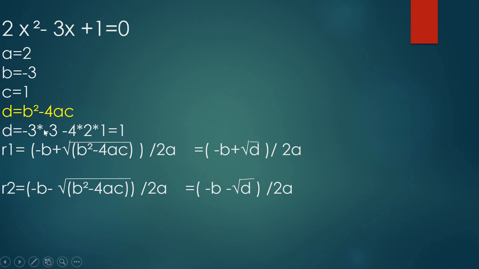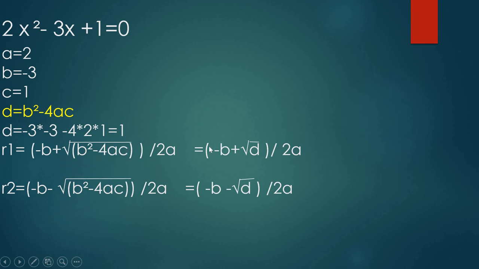Then we already know b square minus 4ac is the determinant. Here we are representing it using the letter D. Instead of b square minus 4ac, we can write D. Then how can you change this equation?